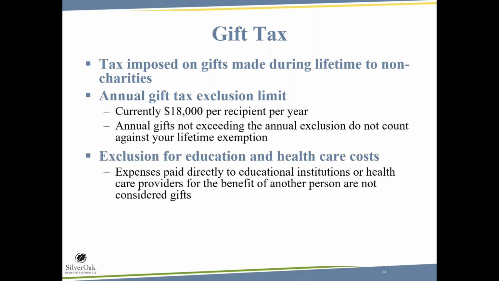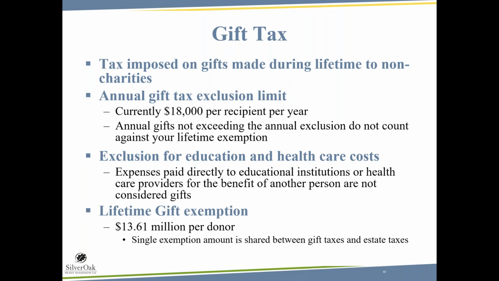about the gift tax. You can also give an unlimited amount to educational institutions or to healthcare providers for the benefit of someone else. None of that's considered a gift. If you give more than the 18 though, you are supposed to file a gift tax return.